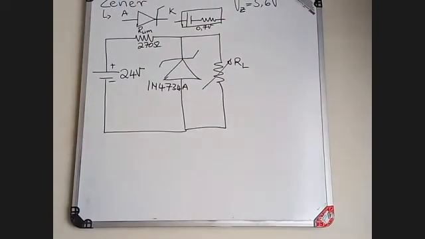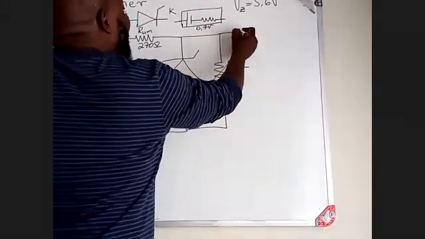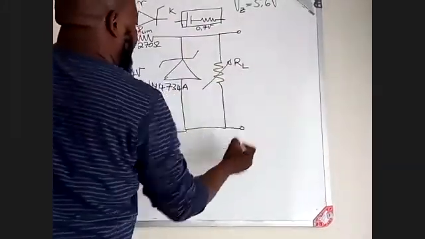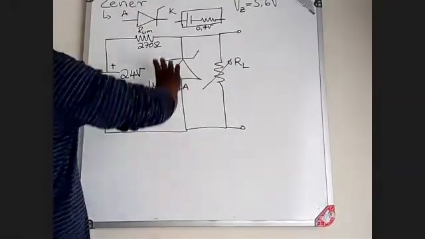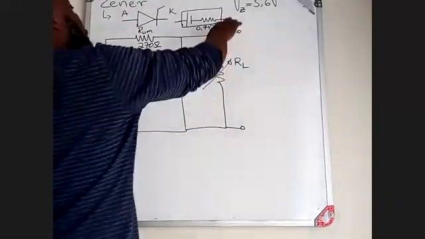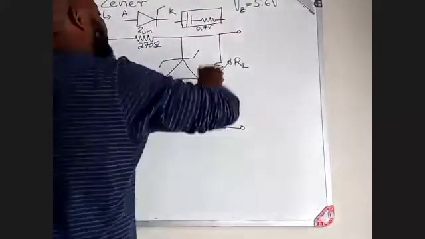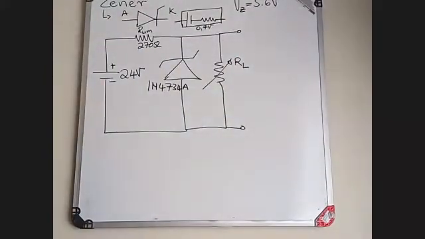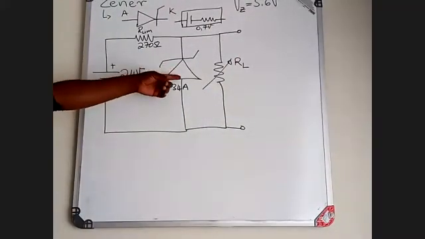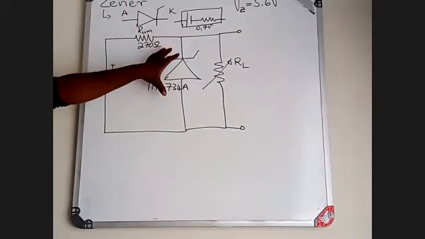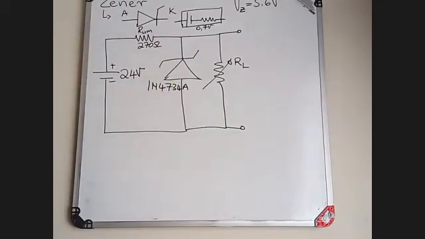So when I measure on the output, I'm going to measure this voltage of the Zener diode during the reverse bias of this component, because it can only function when it is in reverse bias mode.